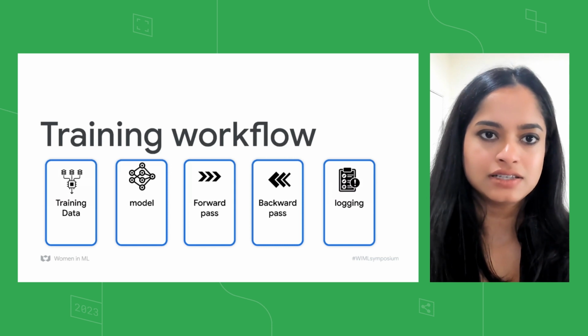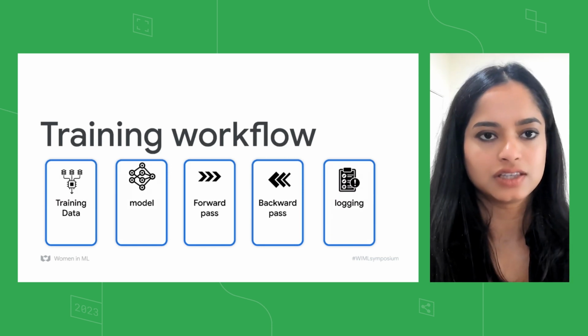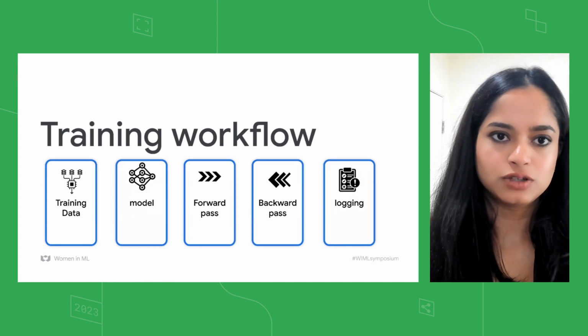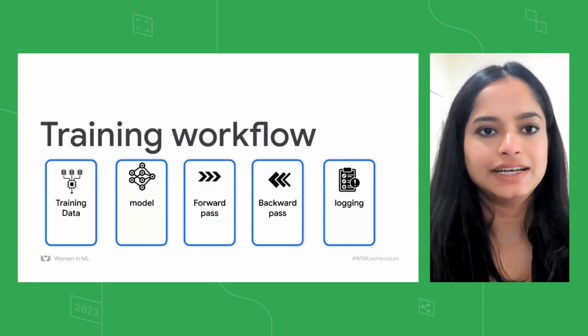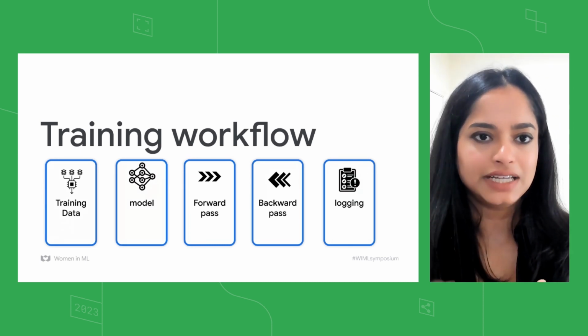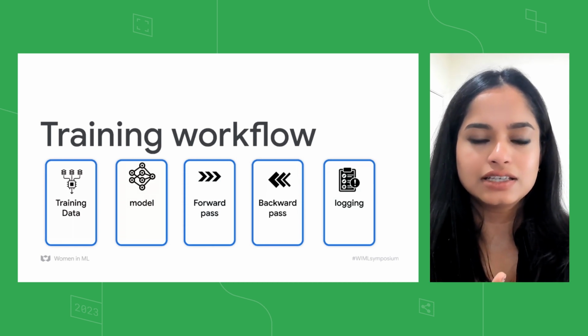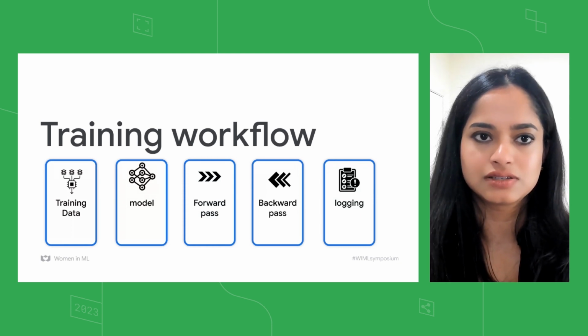So the forward pass is the process of computing the output of the model given an input. The backward pass is the process of computing the gradients of the loss function with respect to the model's weights. So the gradients are used to update the model's weights during training, and logging is the process of recording information about the training process.